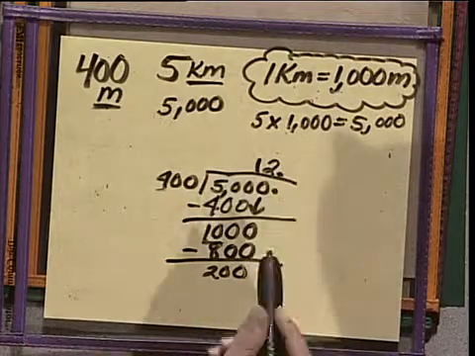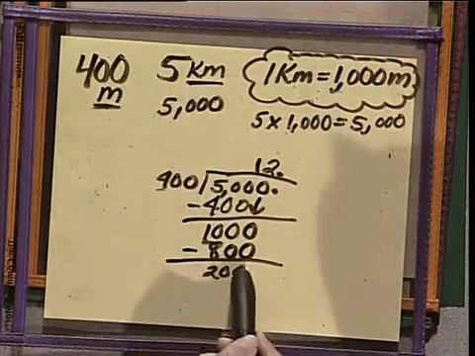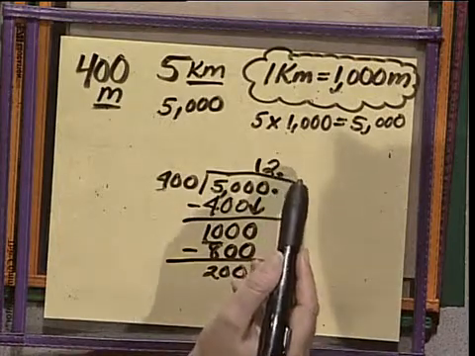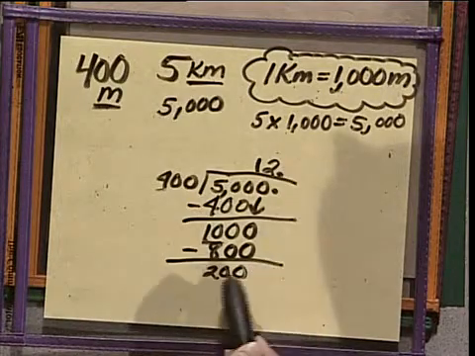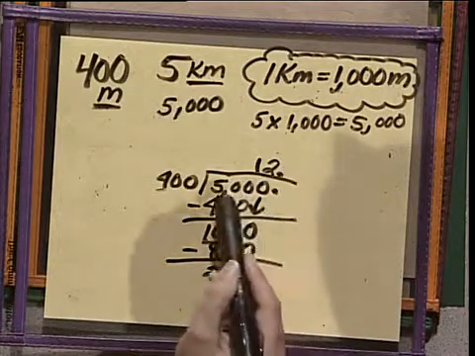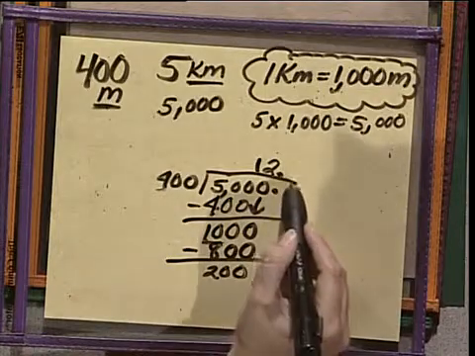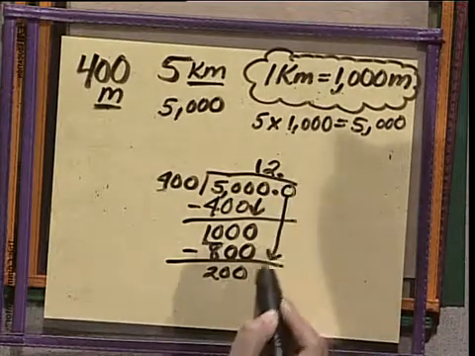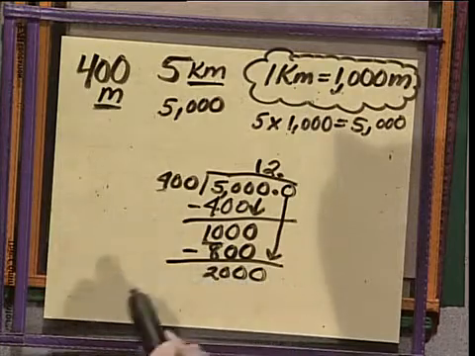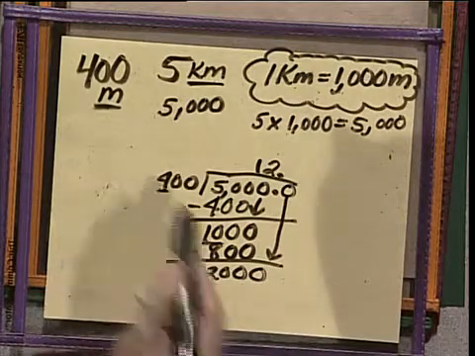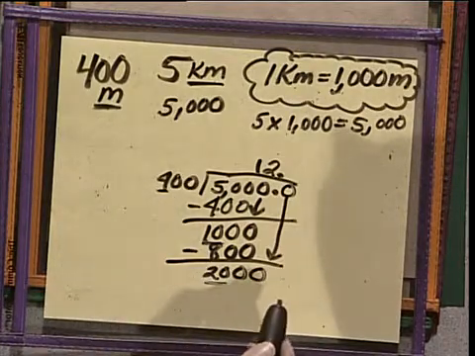Okay, so what happens is this problem is going to have to be divided with a decimal in the quotient. We don't have any more zeros to bring down, but we can put some more on the end and not really change the value. So if I put another 0 here to bring down, now I have 2,000. How many times does 4 go into 20?